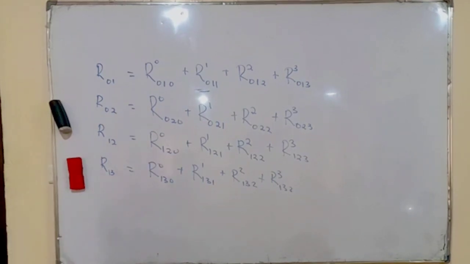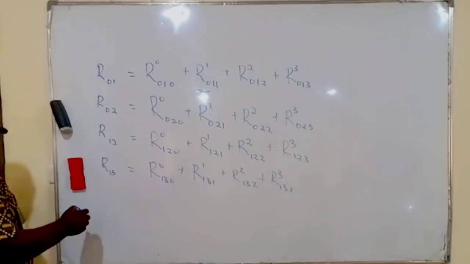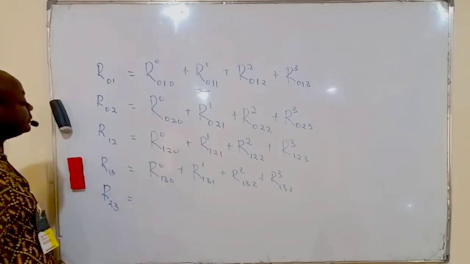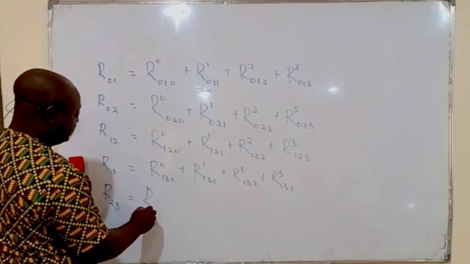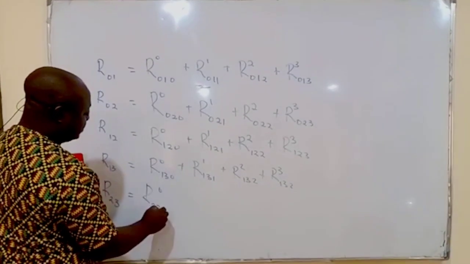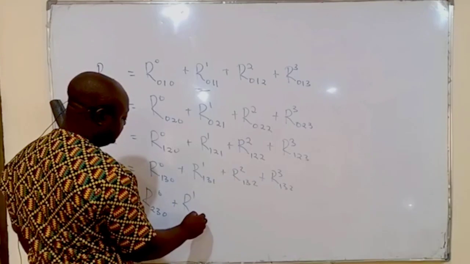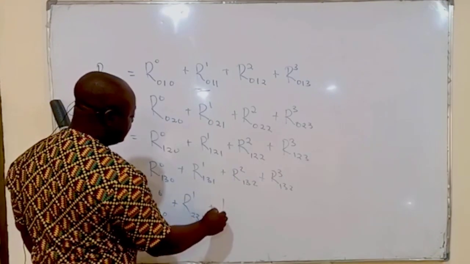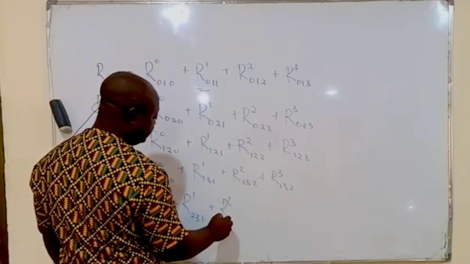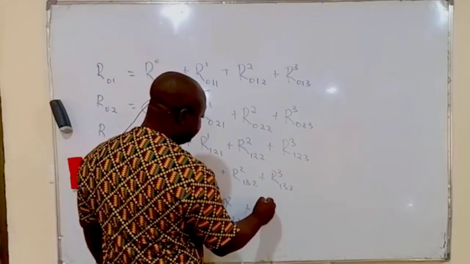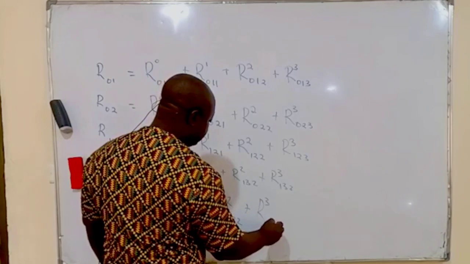So we are sure of that. Then what about R23? We have R2300 plus R1231 plus R2232 plus R3233.